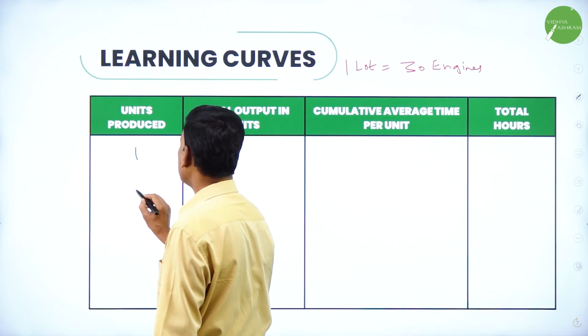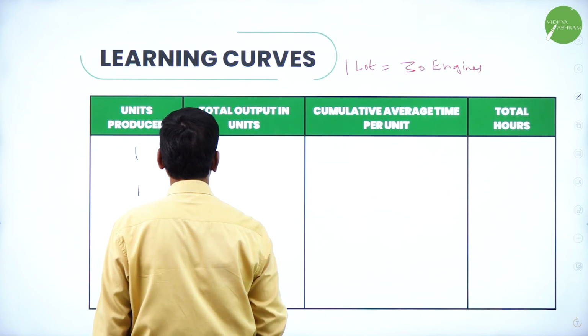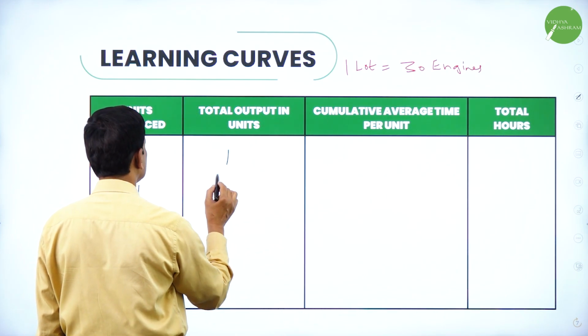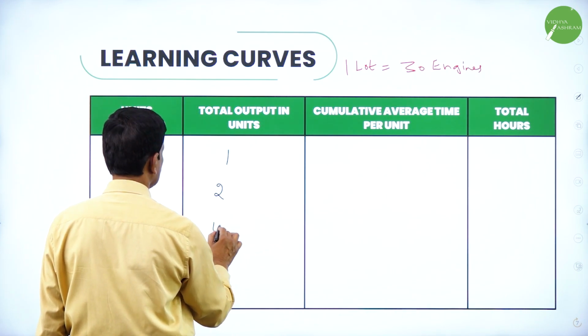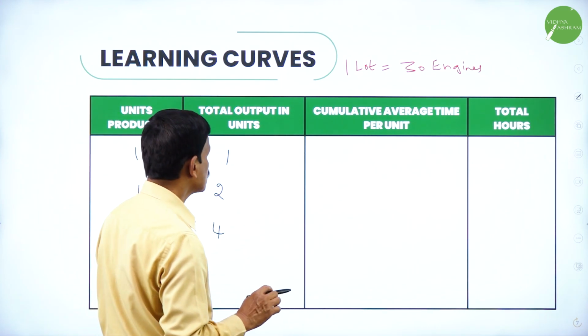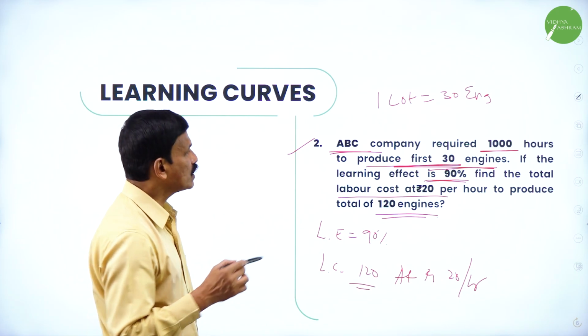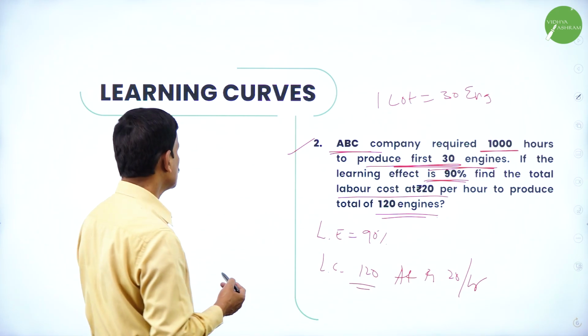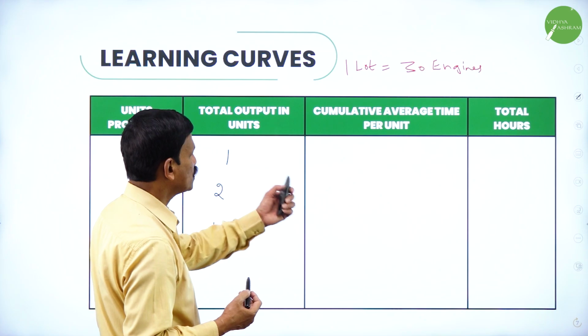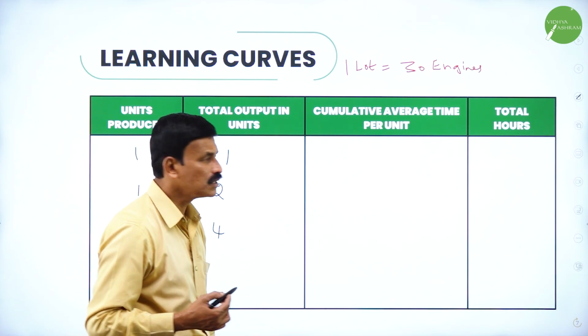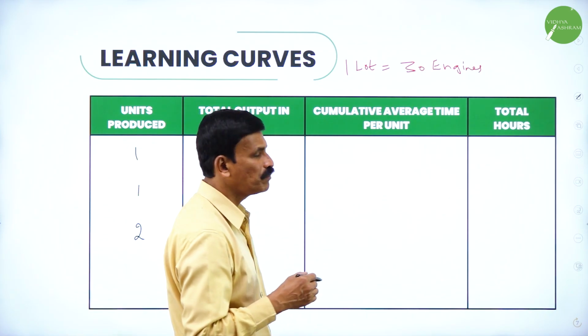Unit produced: 1, 2, and 4. The total output: 1 into 1 is 1, 1 into 2 is 2, 2 into 2 is equal to 4. Since there are 120 engines and 1 lot is equal to 30, 4 lots is 120 engines. Now the cumulative average time per unit.